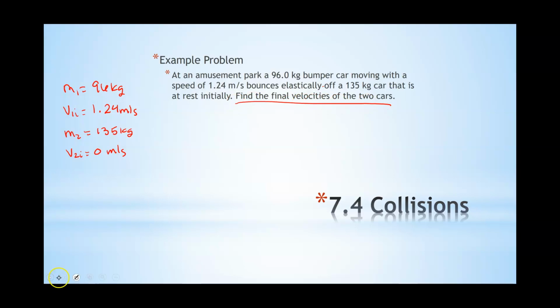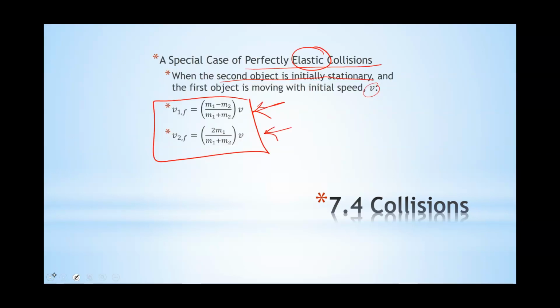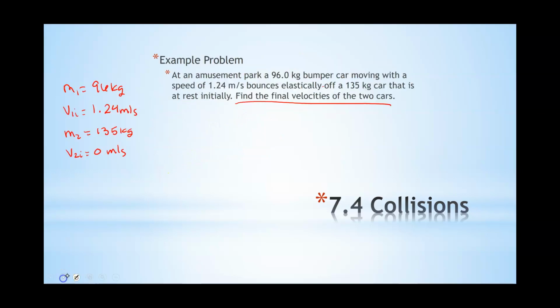So we're using, like I said before, these two equations. So v1f is the difference between the masses divided by the sum over that velocity. So v1f is equal to m1 minus m2 over m1 plus m2, and that's times v.